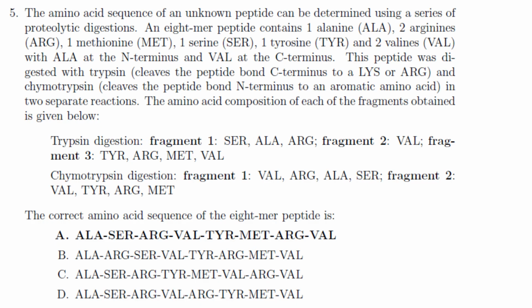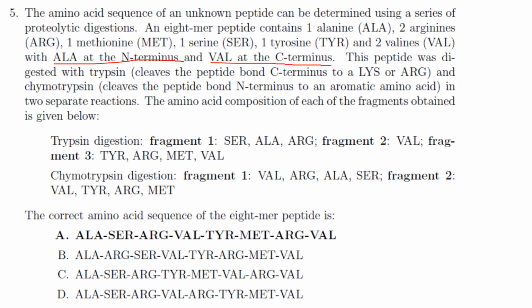Then, the amino acid sequence of an unknown peptide can be determined using a series of proteolytic digestions. An 8-mer peptide contains 1 alanine, 2 arginines, 1 methionine, 1 serine, 1 tyrosine, 2 valines, with alanine as the N terminus, remember that, and valine as the C terminus.